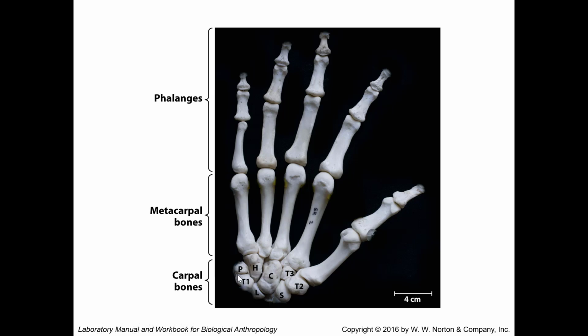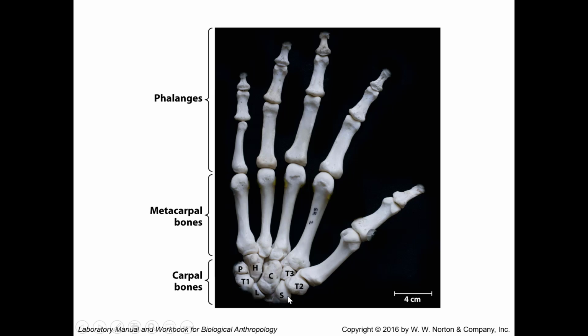The distal row, again from lateral to medial, includes the trapezium, the trapezoid, the capitate, and the hamate. All of these bones generally have a cube shape, but they do vary in the exact shape and size.